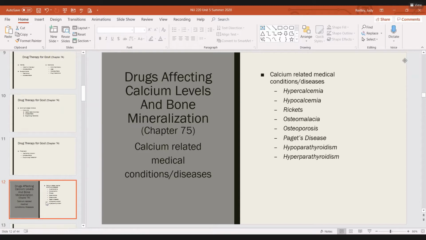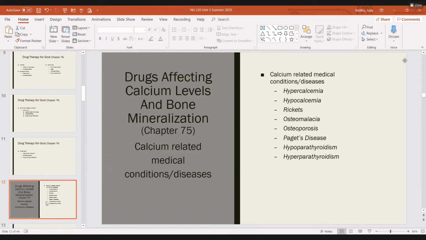So again, you want to monitor your labs. Glucocorticoids, so your steroids, and then your bisphosphonates, that's your phosphate medications. Phosphate attaches to calcium, so it's going to help excrete those extra high levels of calcium in the body.